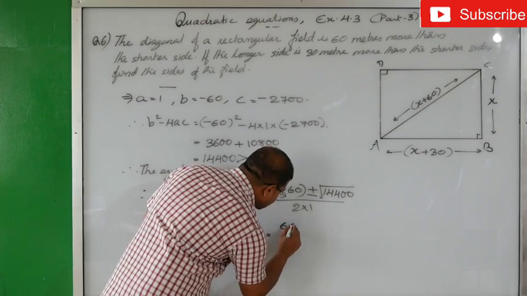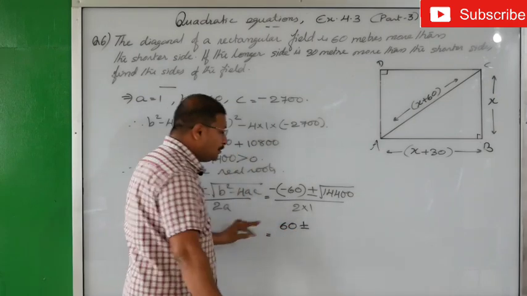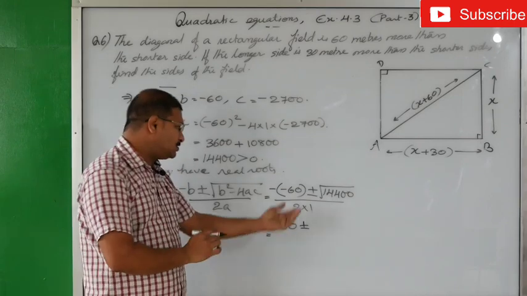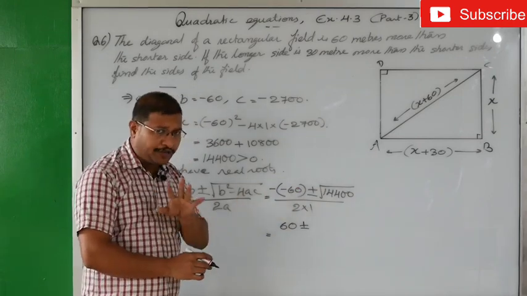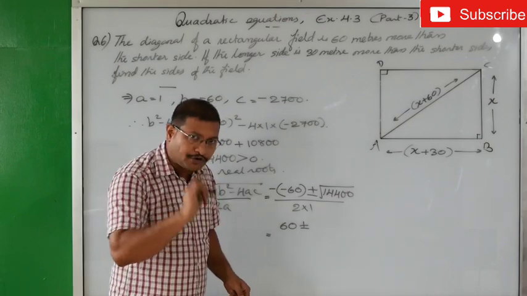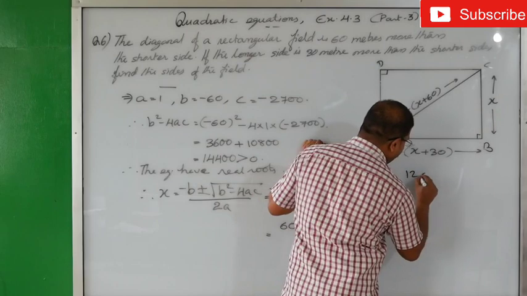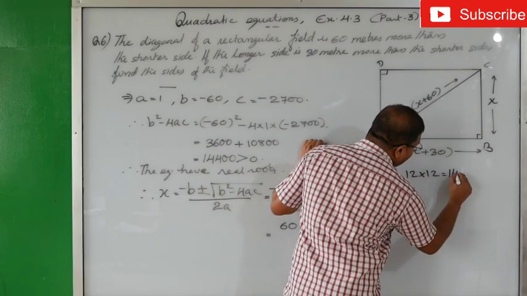That means 60 plus or minus root 14400. That means 2 zeros, 1 zero you can take out. 144 is the square of 12, because 12 into 12 gives 144.